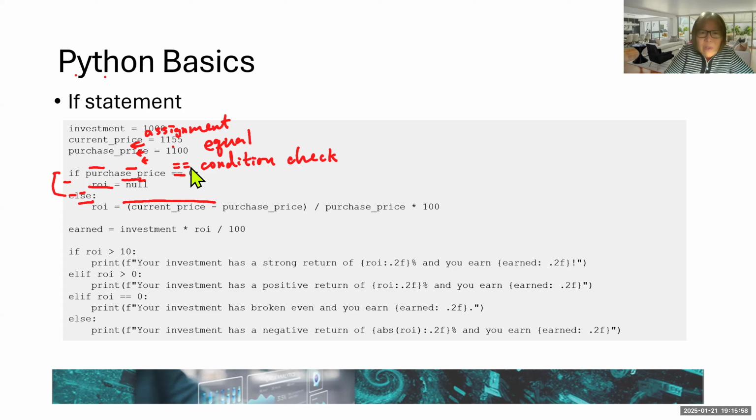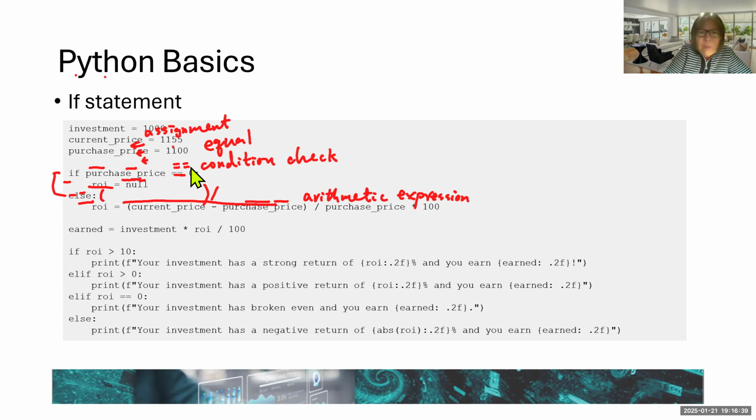Over here, this is an arithmetic expression: you do the difference, then division, and then multiplication. So that's the two-way conditional check.